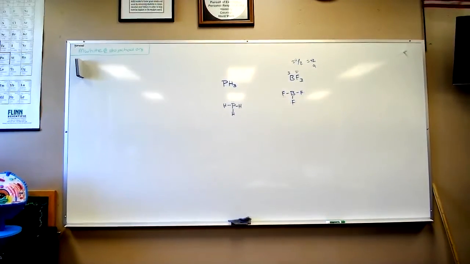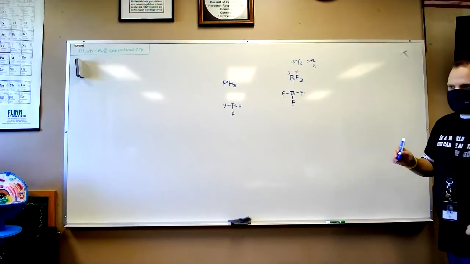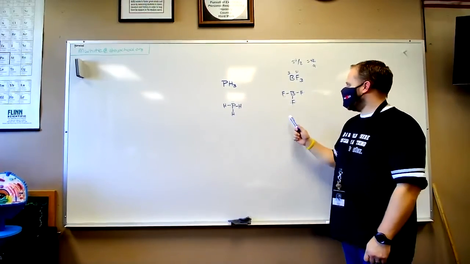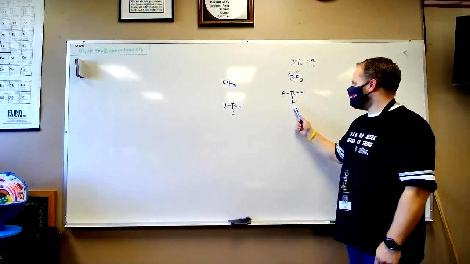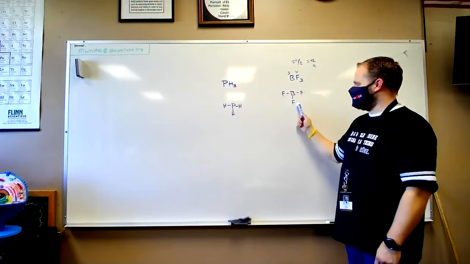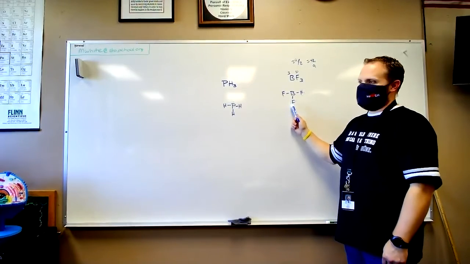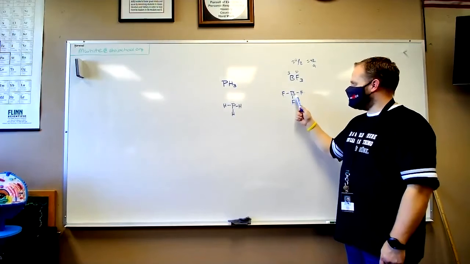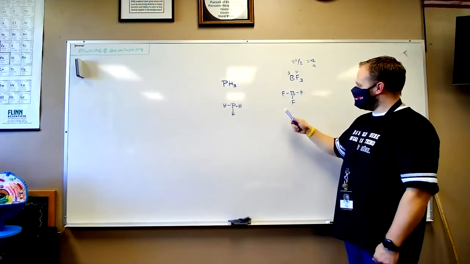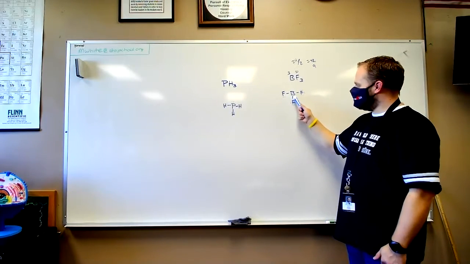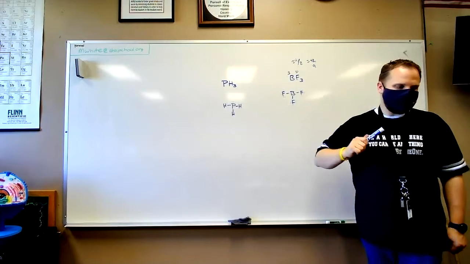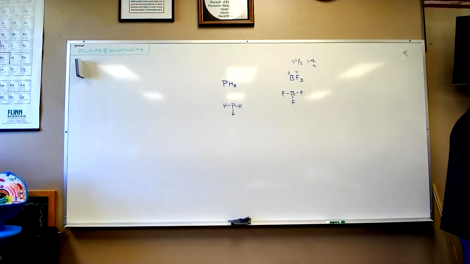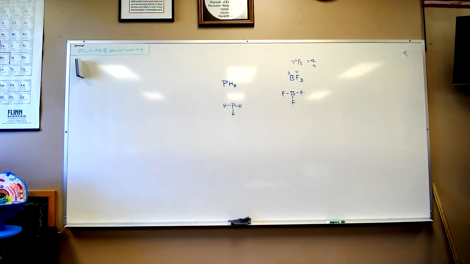We don't care that these have a bunch of lone pair, because that isn't contributing to the shape. It's just what's here. So we look at this, we see 1, 2, 3 shared pairs, 3 bonds.